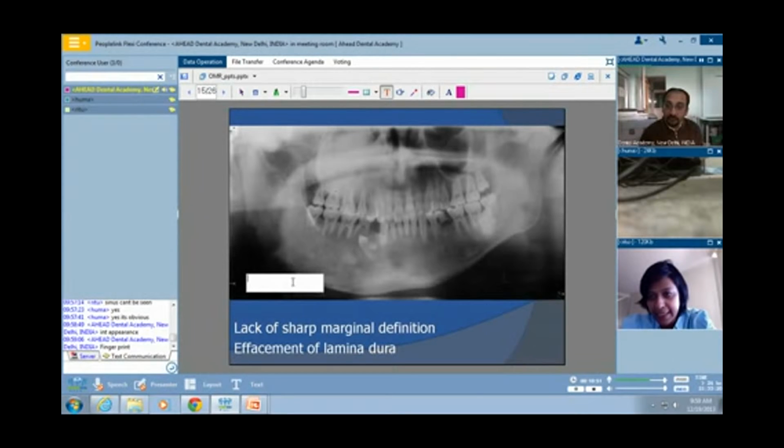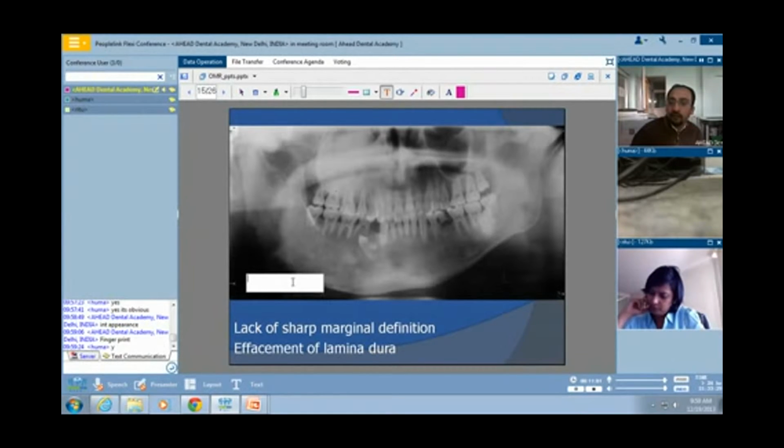And one more thing about fibrous dysplasia. In fact, this has come as a question. What is the commonest site of fibrous dysplasia? It is actually maxilla. It is not the mandible. Whenever it rarely occurs in the mandible, it will cause one very unique thing in the posterior mandible. What unique thing?